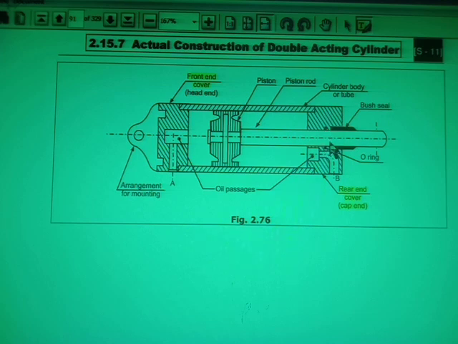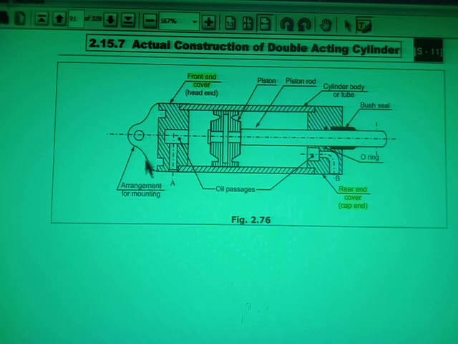Another arrangement: this cylinder I have to mount to some part, because I want to make this cylinder fixed so that it will remain steady. Therefore the arrangement for mounting is given here. There are different types of cylinder mountings; that is a separate topic we have to cover. But here, for simplification, only one type of mounting is provided.